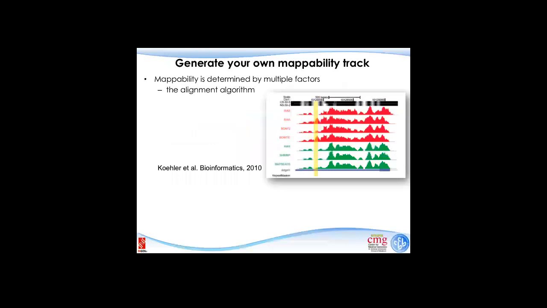Mappability is determined by many different factors, including the alignment algorithm you are using, the regions where mapping occurs, and the biochemistry assays. Sometimes one technology used to do the capture, or even the sequencing, has a different sensitivity in terms of mapping potential compared to different regions.